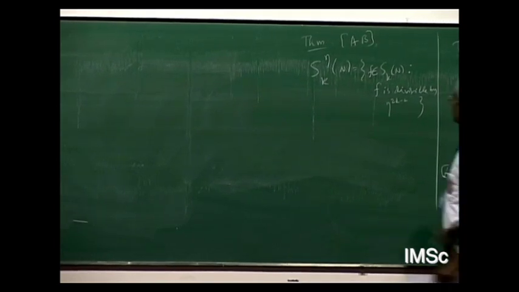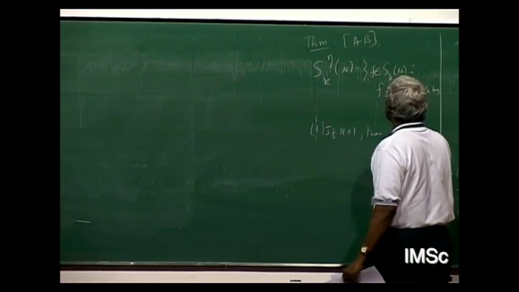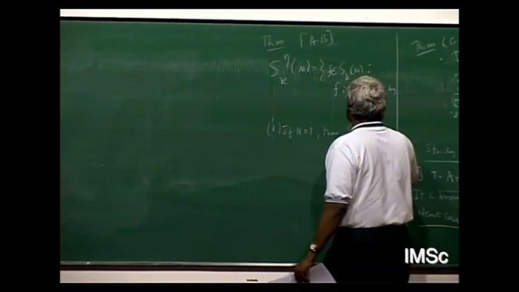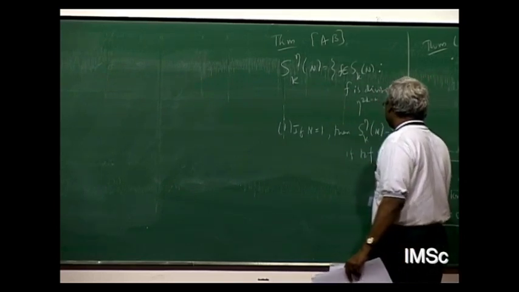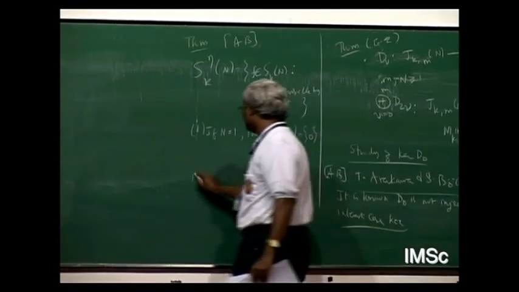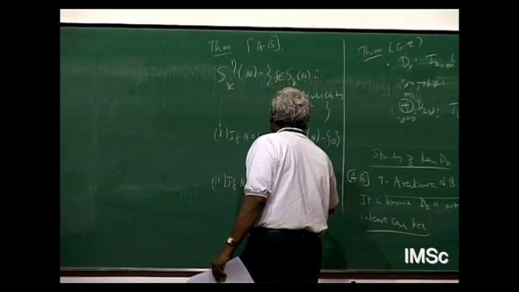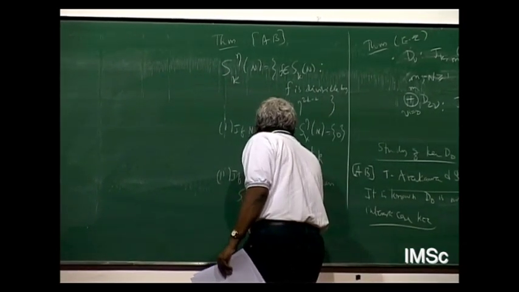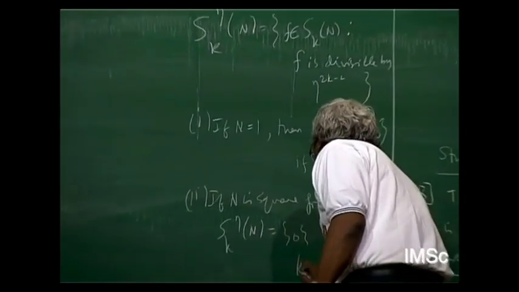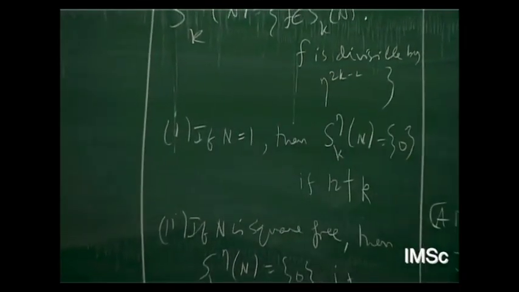Then they show that if N is 1, then this S_k^eta(N) becomes trivial if the weight is not a multiple of 12, or if N is square-free, then the same property is true: S_k^eta(N) is 0 whenever k is congruent to 4 or 10 modulo 12. So this result we will be using later.